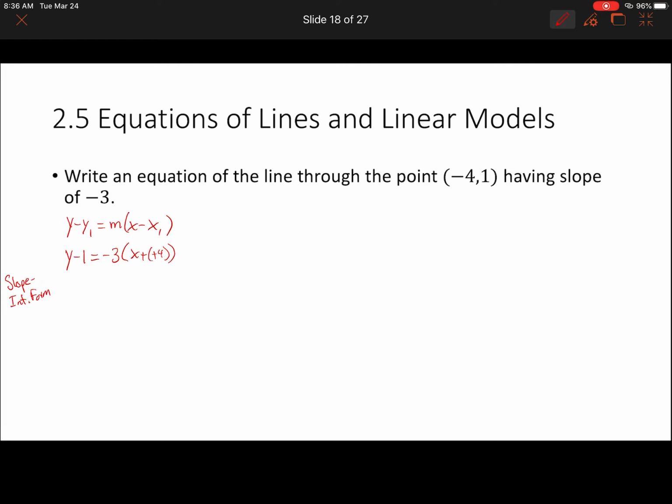In this case, we're going to go to slope-intercept form. When I ask you to go to slope-intercept form, from this point, there are only 2 steps. The first step is to distribute. And the second step is to move, in this case, that -1 to the other side to get y by itself. Because we're trying to get the equation in this form, we need to solve for y.